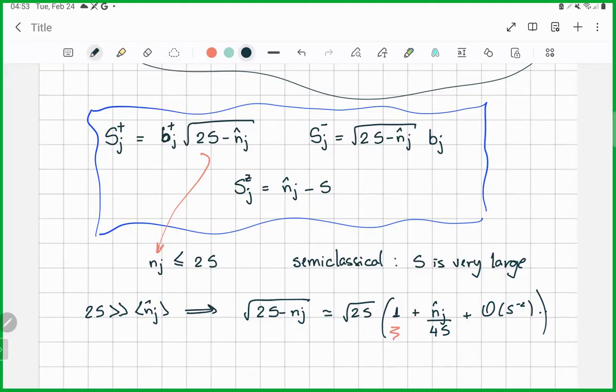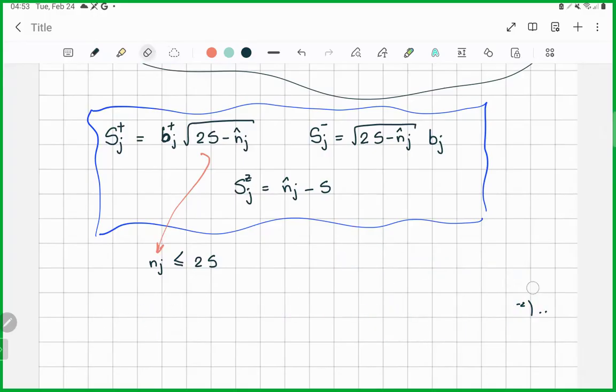Okay, now we move to the case of spin half, because that's what we've been studying. We've been studying spin half models. So in the case of spin half models, this discussion about the semi-classical limit does not apply. So we'll now be talking about spin half.